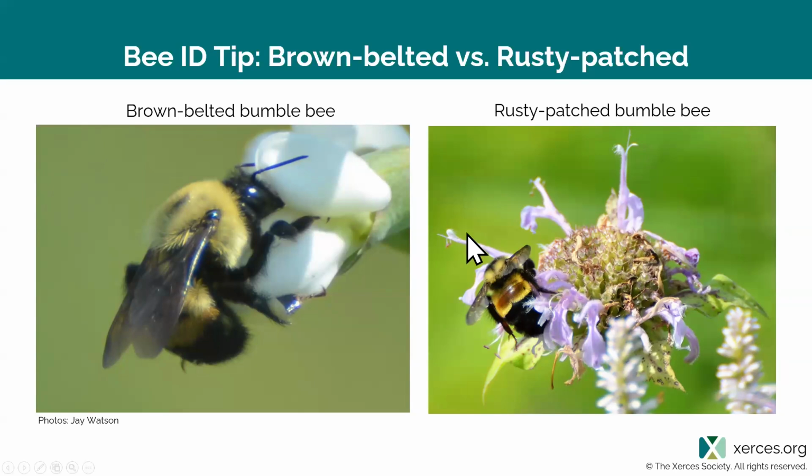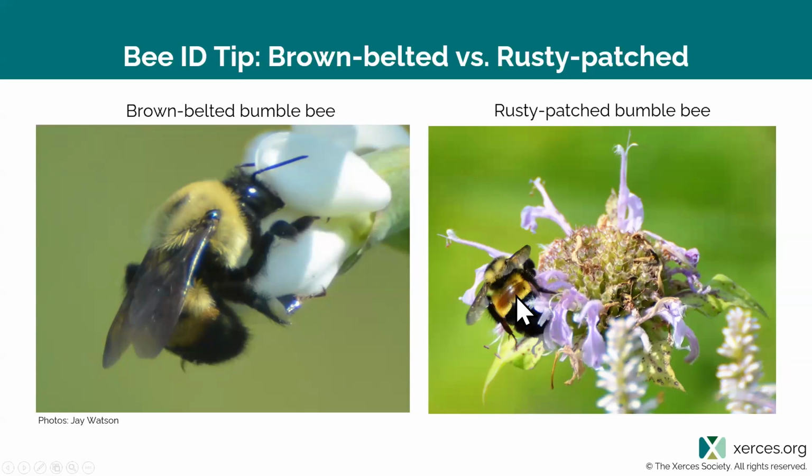But the rusty patch bumblebee looks a little bit different than the brown-belted bumblebee. Brown-belted bumblebees will have that patch of brownish hairs, but the rest of the segment of the abdomen is going to be black. So you can make out that crescent of hairs, and then the rest of the segment has dark hairs.